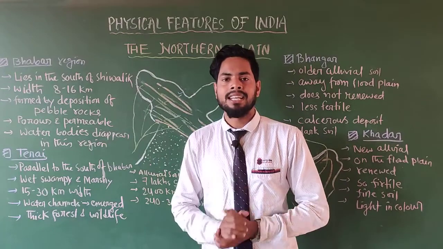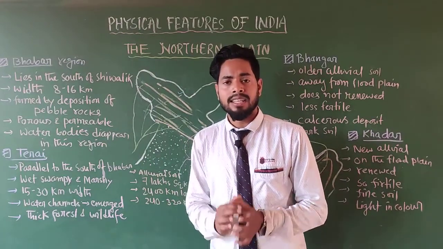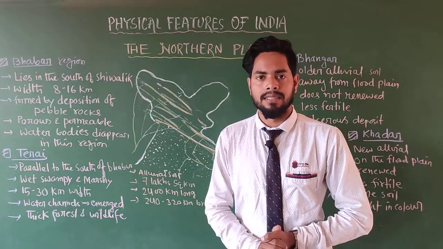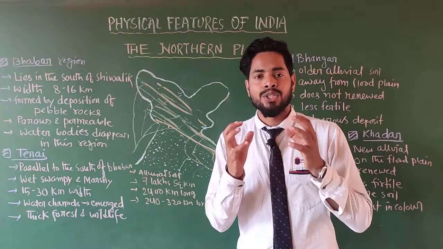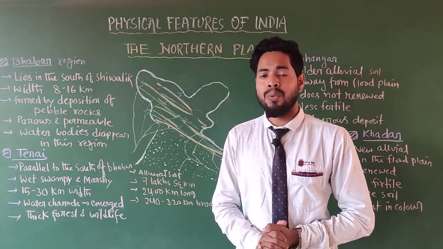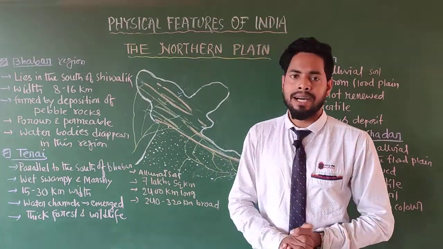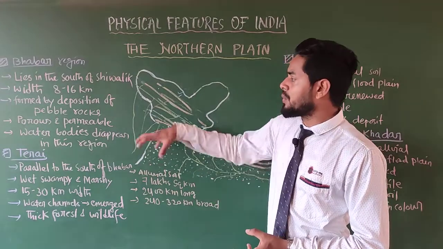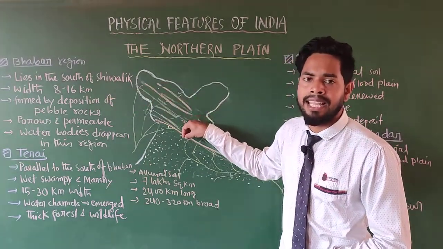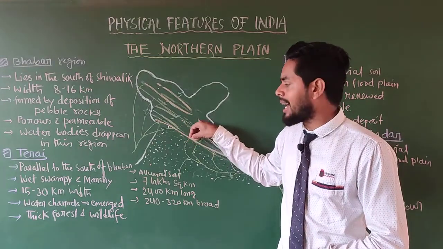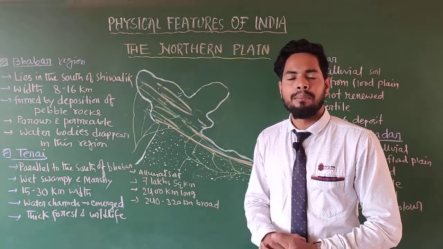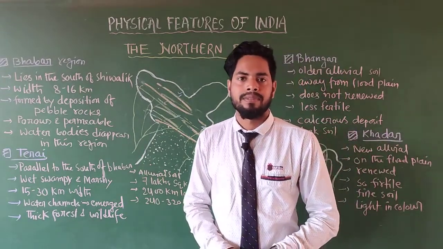Next we see the Tarai region. The Tarai region lies just south of the Bhabar region. It is a swampy, marshy, and wet land. Why is it swampy and marshy? Because those water channels that disappear in the Bhabar region re-emerge in the Tarai region and make a marshy and wet land.